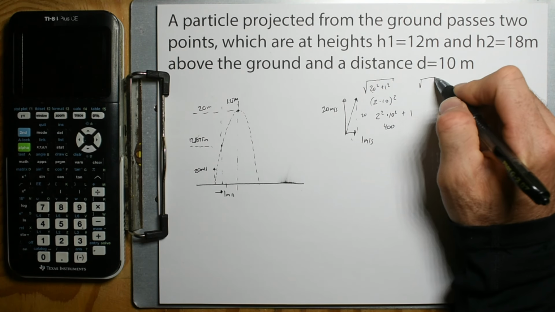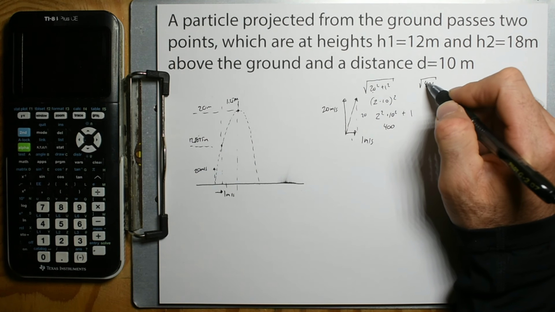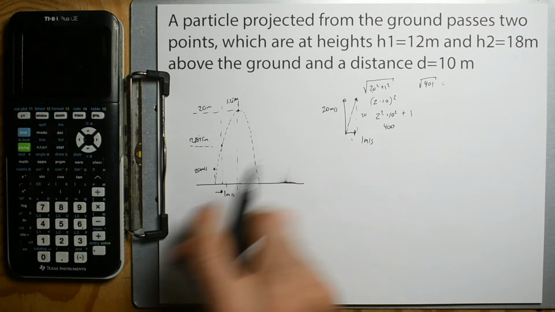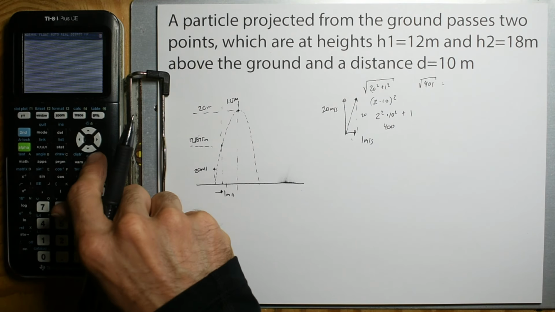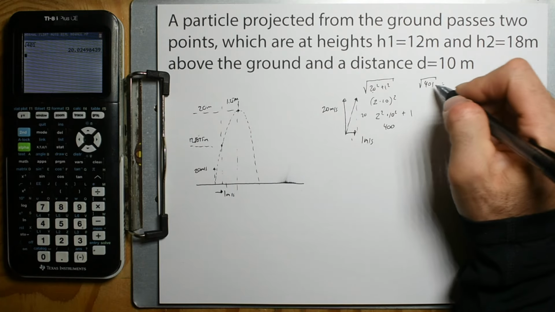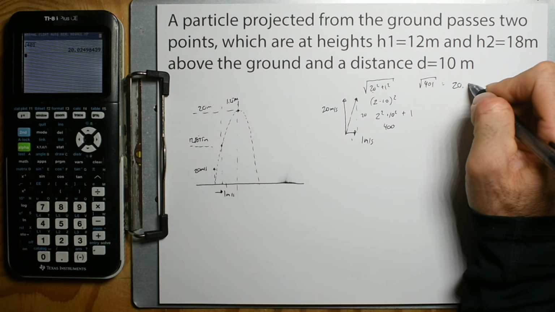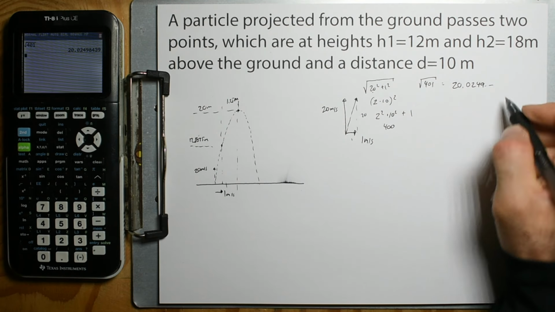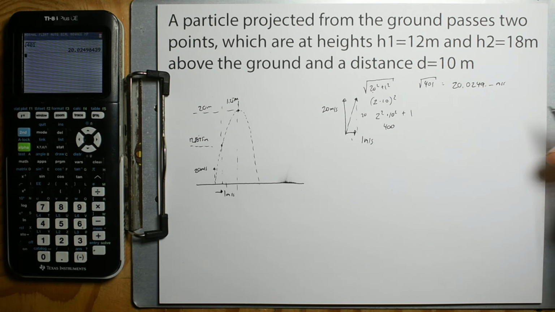So this is the square root of 401. The square root of 400 is very close to 20, so we just have a small variation. So we have the square root of 401, and this velocity is going to be 20.0249 whatever meters per second.